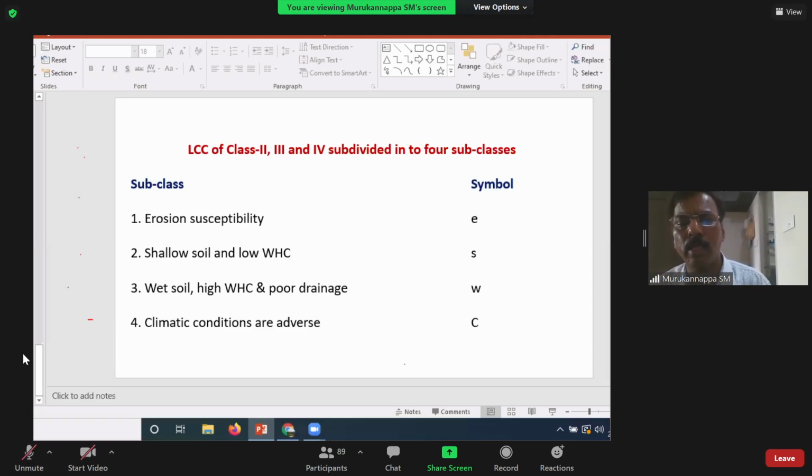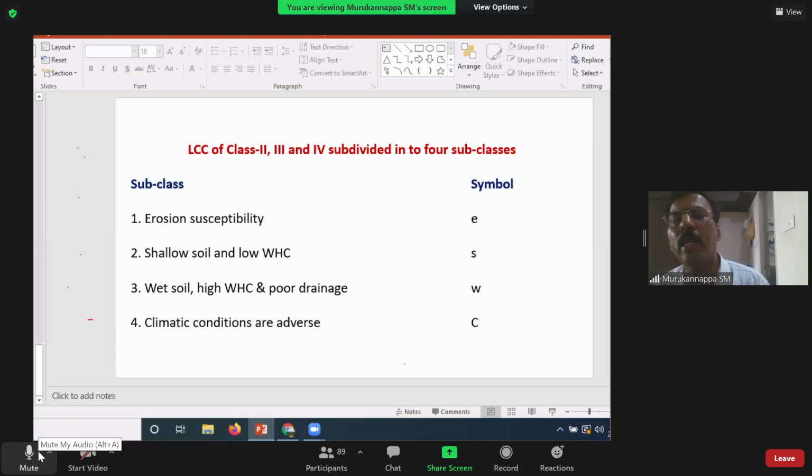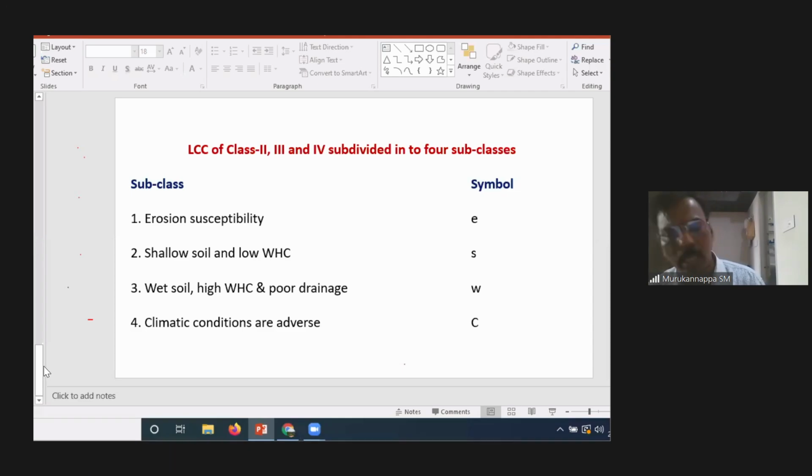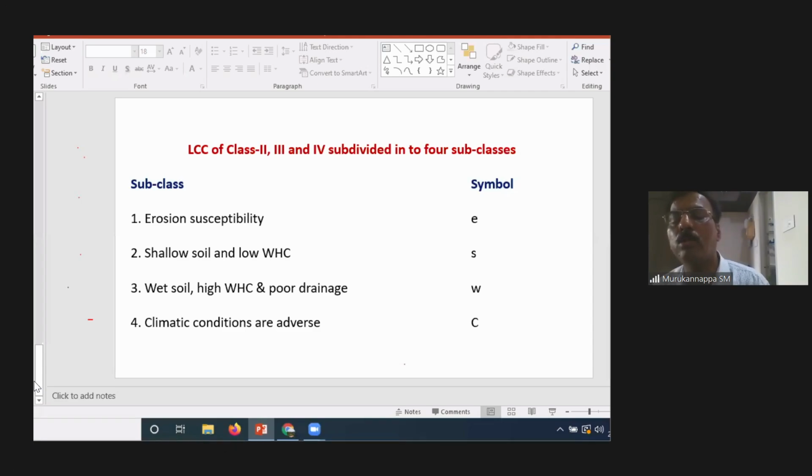That is one at the national level. It's an organization involved in this, and you have also heard of another organization called NBSS, the National Bureau of Soil Survey and Land Use Planning.